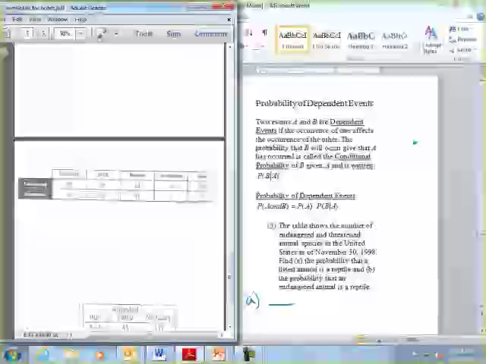Add up the entire chart. So we want to add up that entire chart. And I got 475, I think.